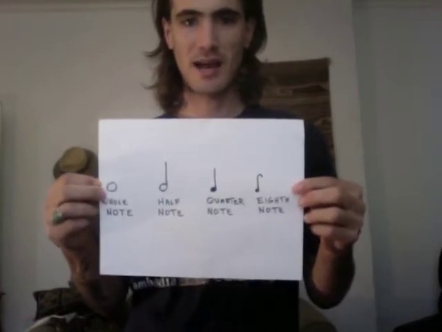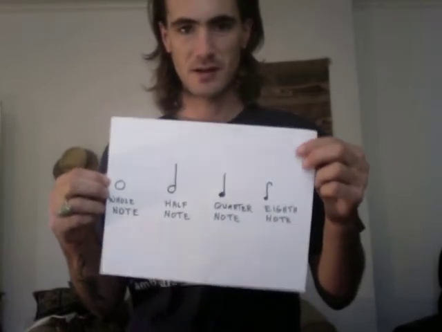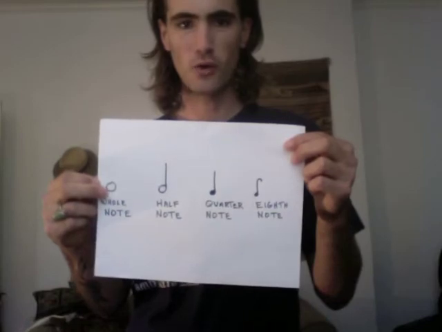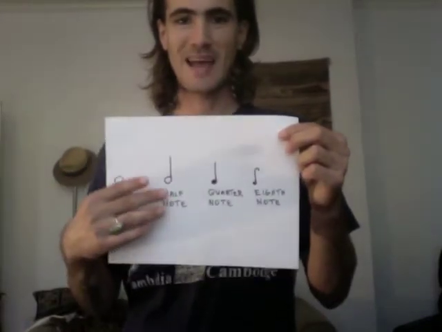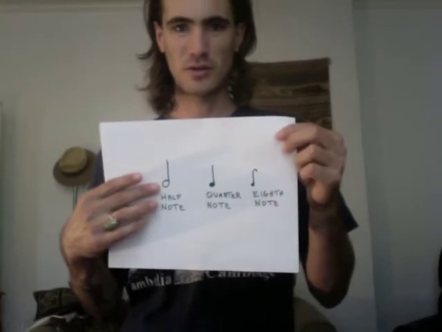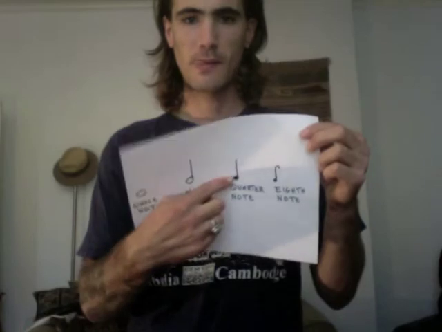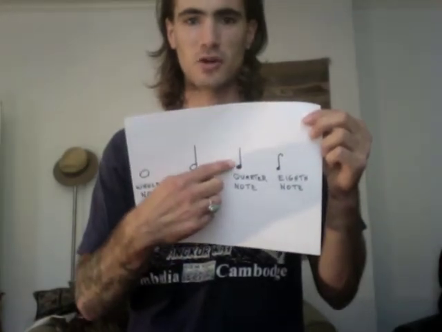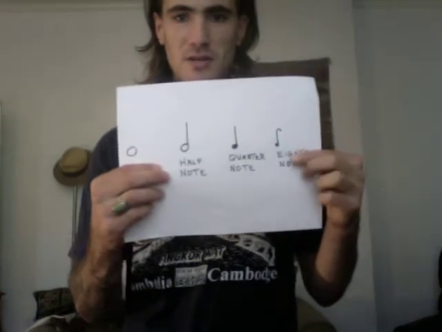First, I would like to show you the four different kinds of notes. They are a whole note, which is just a circle, a half note, which is the circle with the stem, the quarter note, which is the drawn in circle with the stem, and the eighth note. Oops, can you see that? I'll use this finger.